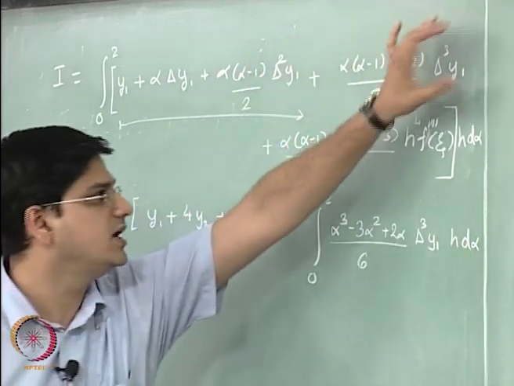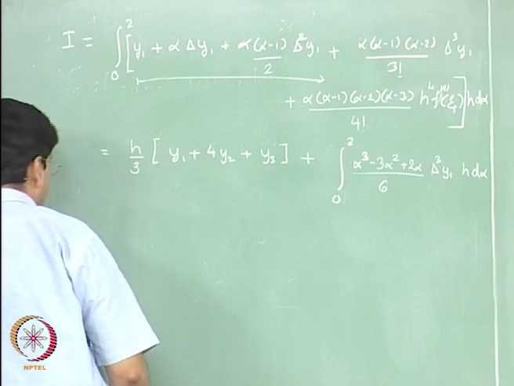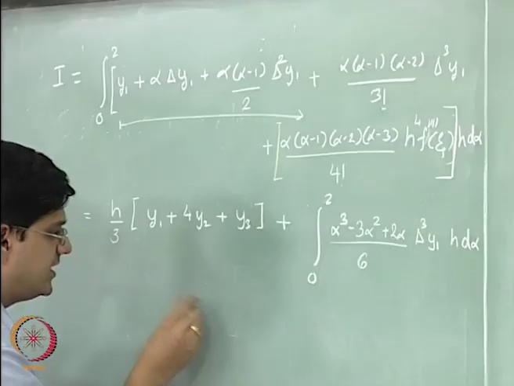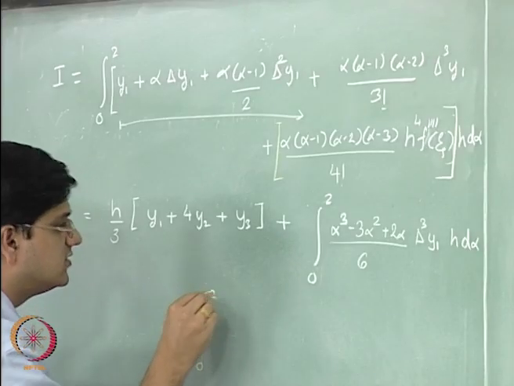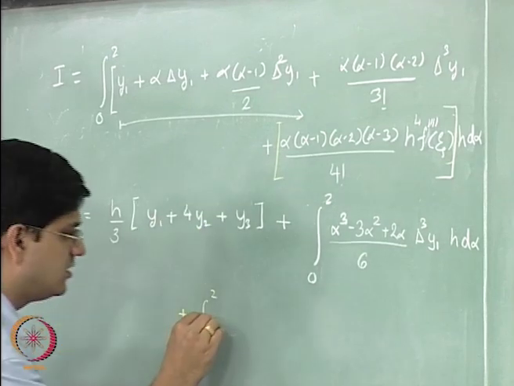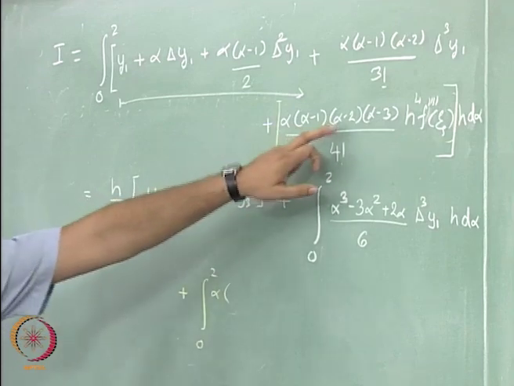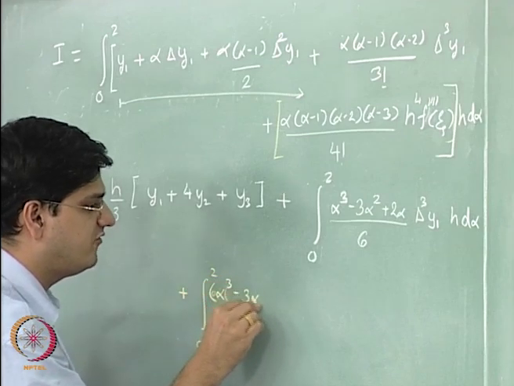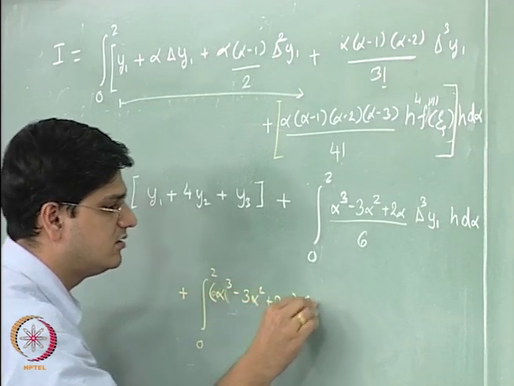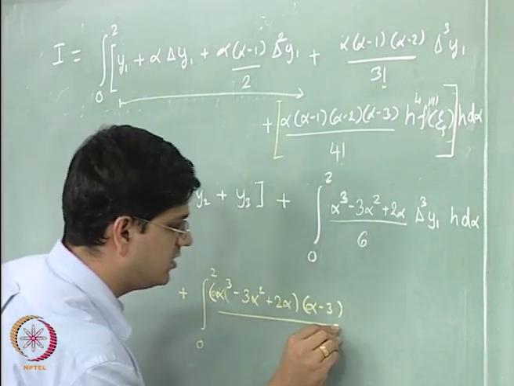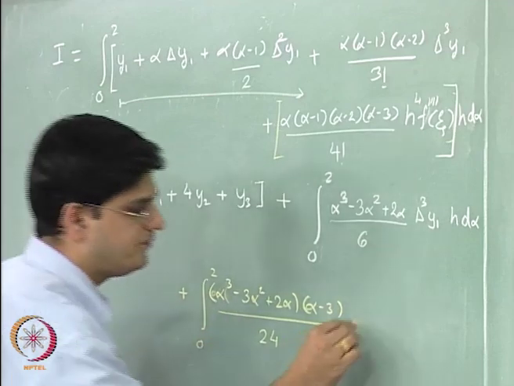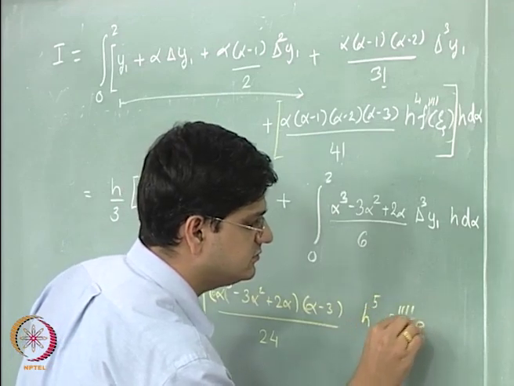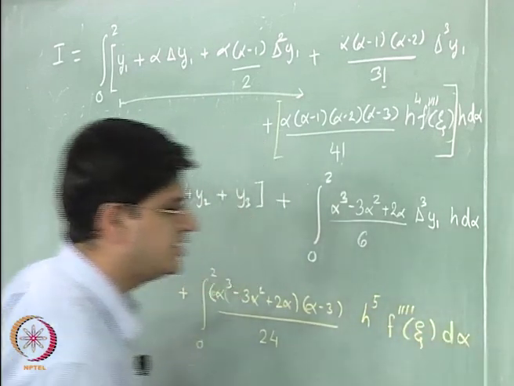That is this particular term, and this final term over here we will write as the integral from 0 to 2 of alpha cubed minus 3 alpha squared plus 2 alpha multiplied by alpha minus 3 divided by 24, and it is h to the power 5 f4 dash zeta times d alpha.